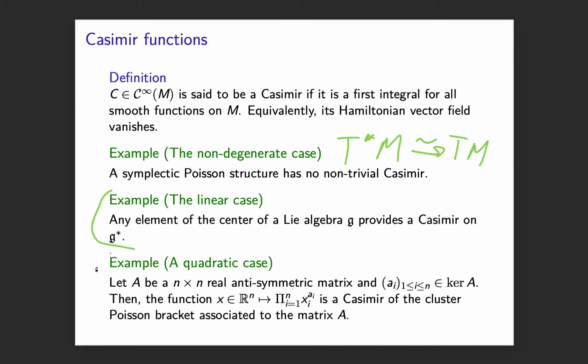And for the quadratic case, it's a small exercise for you to prove that if you encode the Poisson bracket in some antisymmetric matrix A, then Casimirs are given by vectors in the kernel of A.